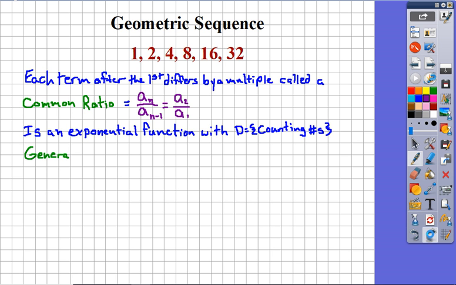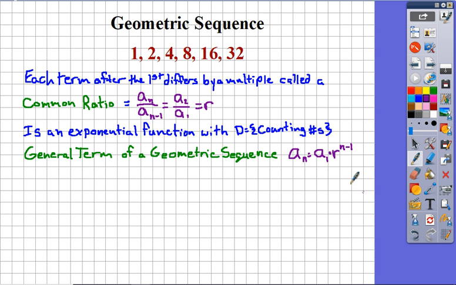The general term of a geometric sequence is a sub n, or the nth term, is equal to the first term times r, the common ratio, to the n minus 1 power. Notice up here, the common ratio is r. So you're just multiplying the first number by r to the n minus 1 power.